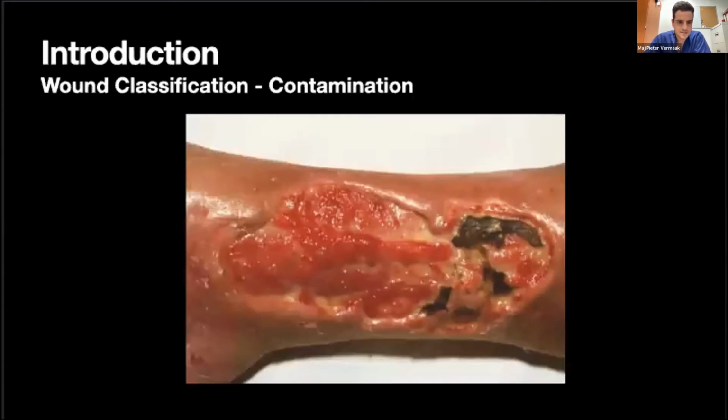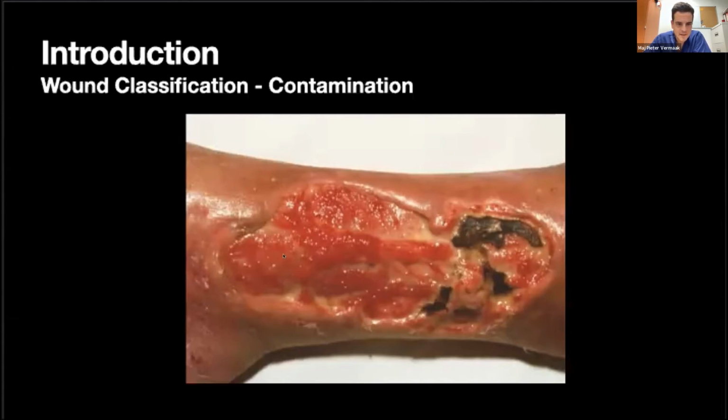So just some pictures. That picture over there looks like somebody's leg, and you can see a number of different elements in that wound. So you can see there's no erythema around it, so it's not infected. But there's some dead skin, which are those black bits of eschar over there on the right-hand side of the screen. You can see there's some yellowy bits in between the red bits of slough or just dead cells that haven't come away yet.